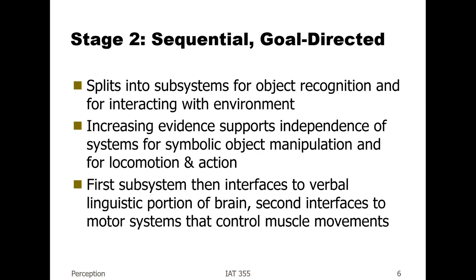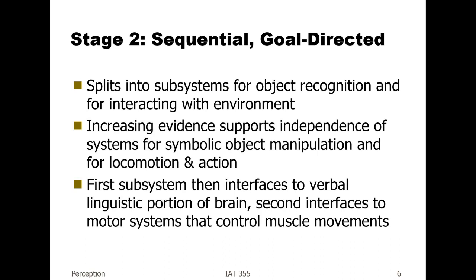Another way to create supporting evidence for these two systems is an interesting phenomenon called blindsight among certain brain-injured individuals, in which they are not capable of seeing the world. They report that they do not have any conscious sense that there's a world out there that they can see. But if you throw a Nerf ball at them, they are able to catch it.